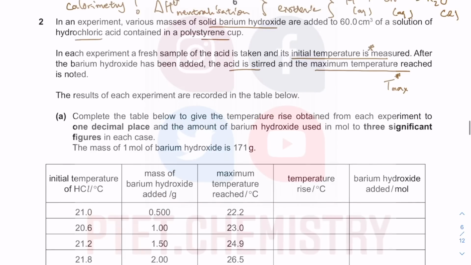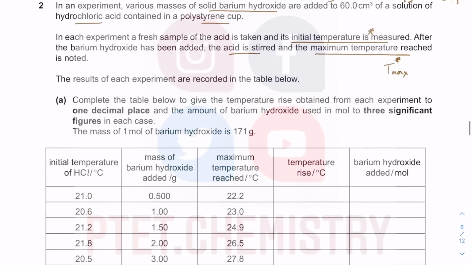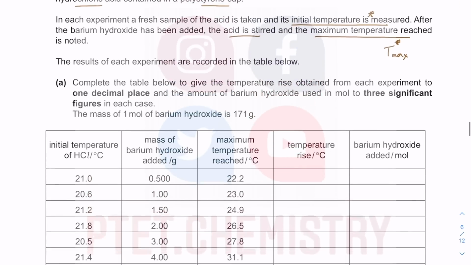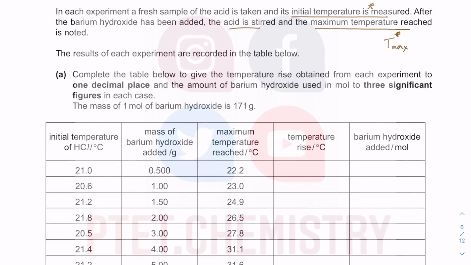Alright, so results of the experiment are recorded in the table below. You need to complete the table to give the temperature rise. So temperature rise is actually delta T, not T. Then barium hydroxide added in mole. You're not given any periodic table in paper 5, which is why they've already given you all the information here.